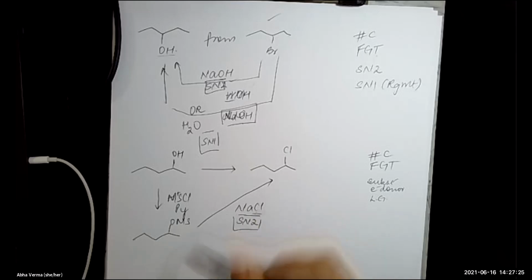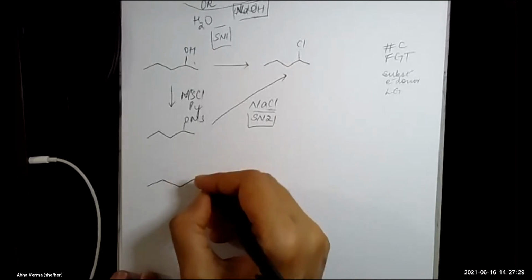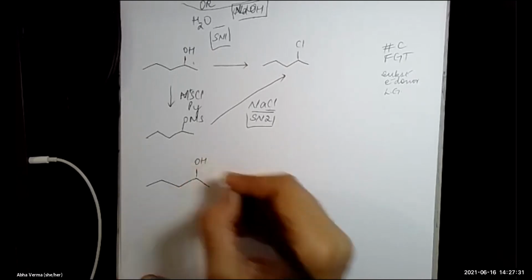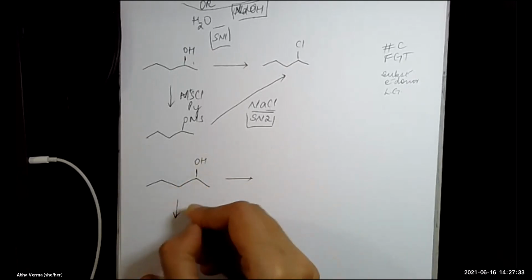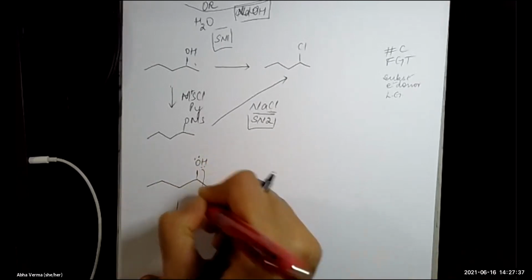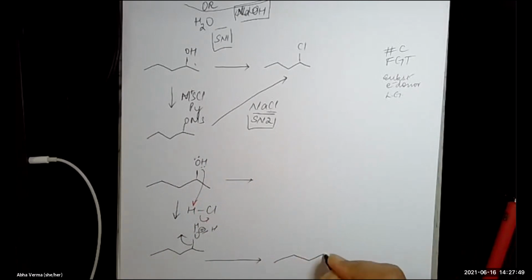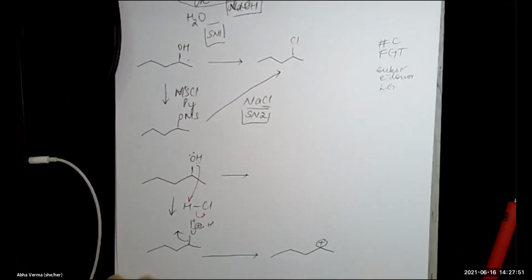where the chloride will kick out this OMs. Okay. I can also use HCl here. Using HCl will make my OH into a good leaving group. But I also have this problem of carbocation formation.